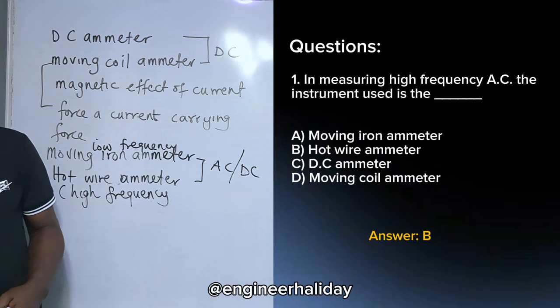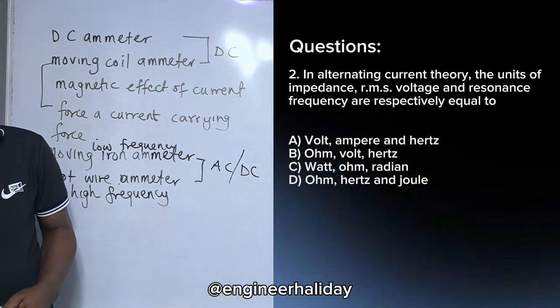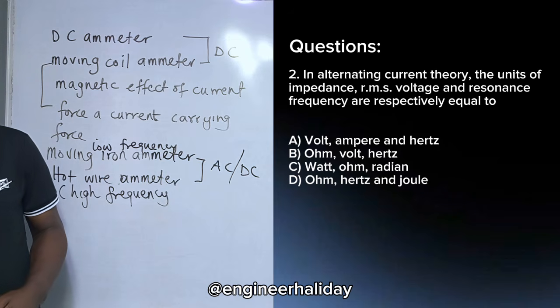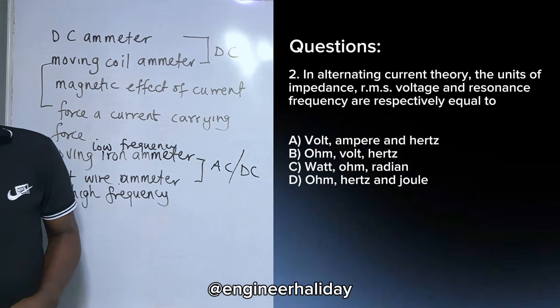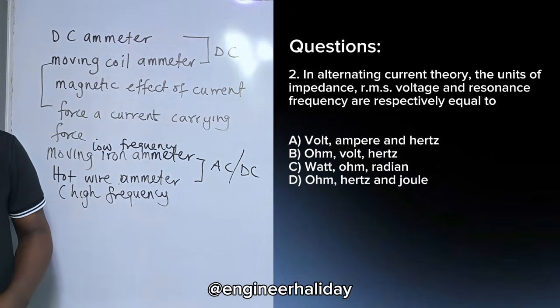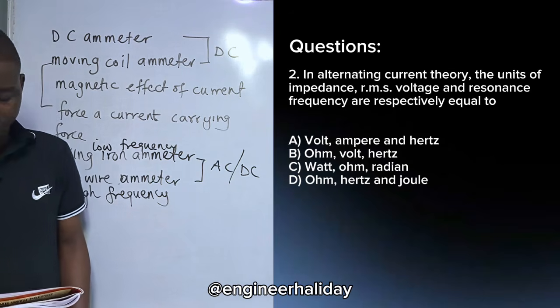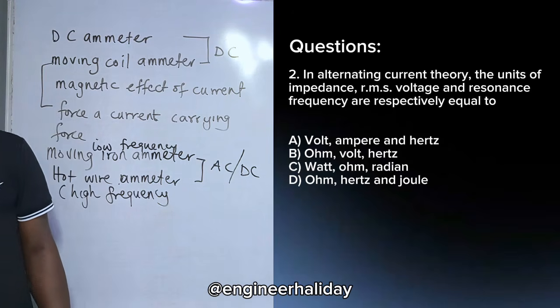Let's go to number 2. It says, in alternating current theorem, the unit of impedance, RMS voltage, and resonance frequency are respectively equal to dash. Now, the unit of impedance is ohms. RMS voltage is measured in volts.